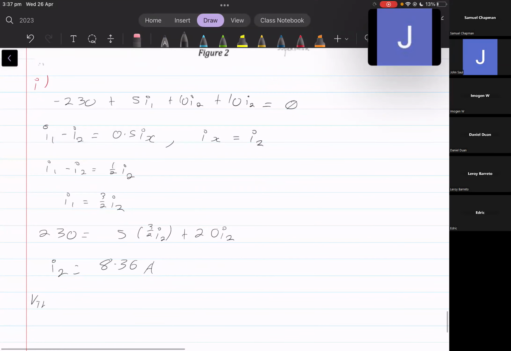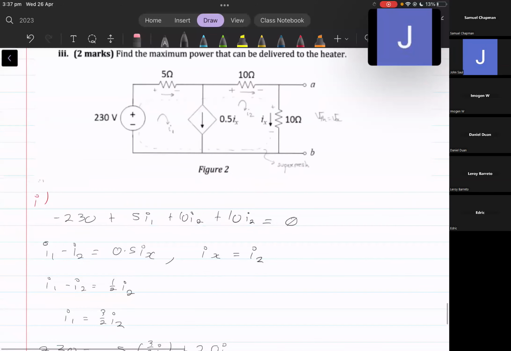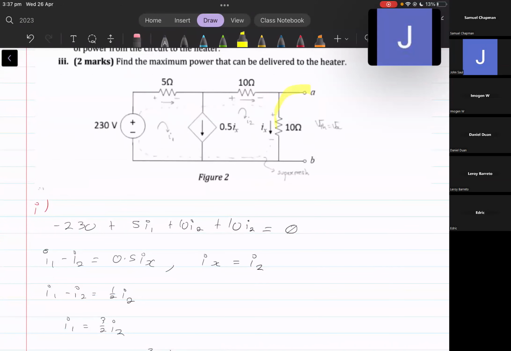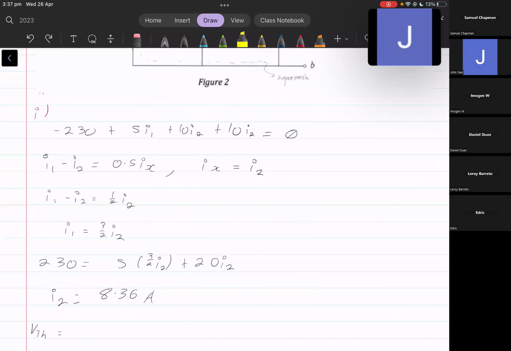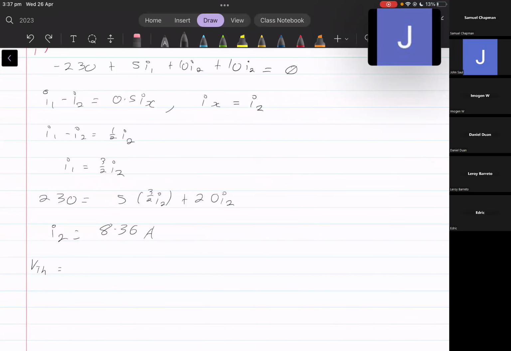Then phi Thevenin is going to be the voltage across this resistor here. So that's going to be 10 times I2, so 83.6 volts.